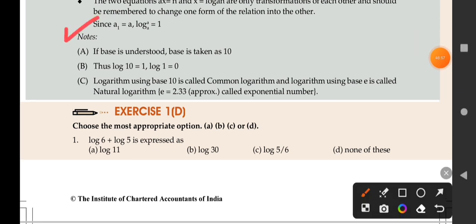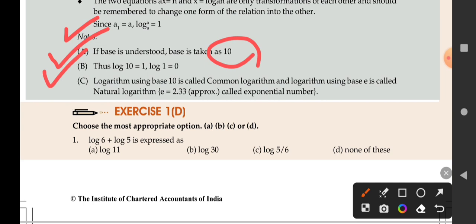Log of a to the base a becomes 1. If the base is not mentioned, it is generally taken as base 10, for which I have shown you the shortcut formula. Thus, log 10 will be 1 since we will assume base 10 if nothing is given, right?